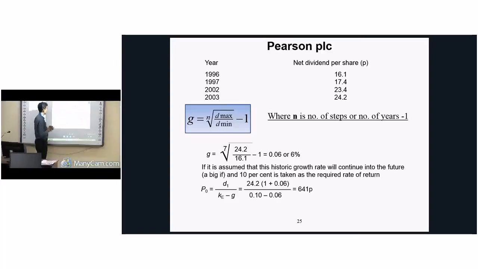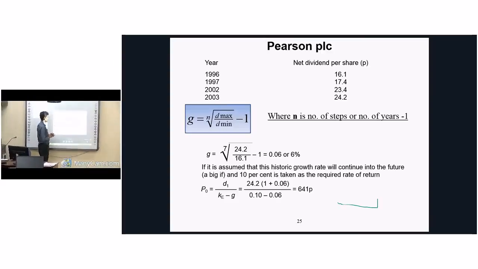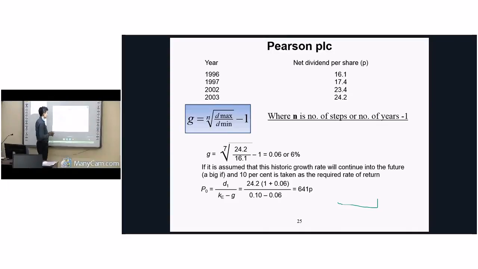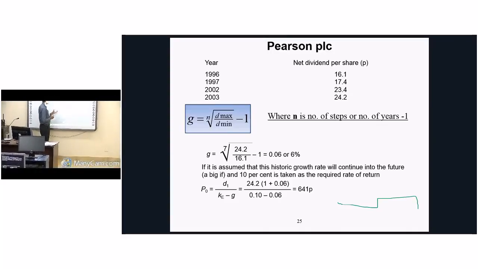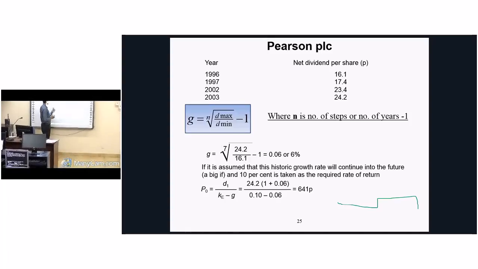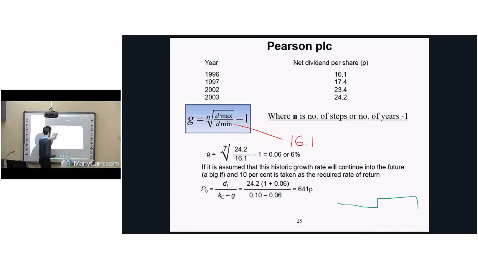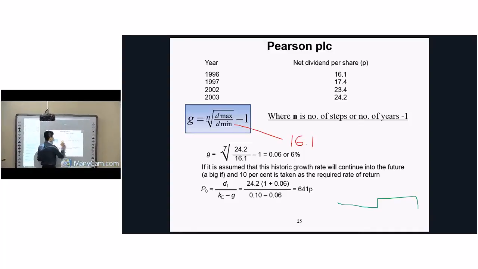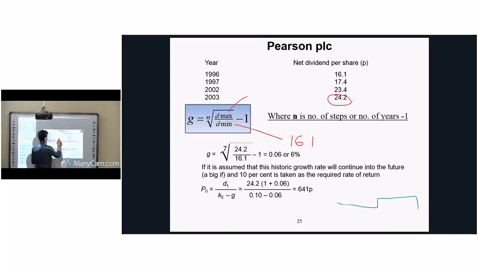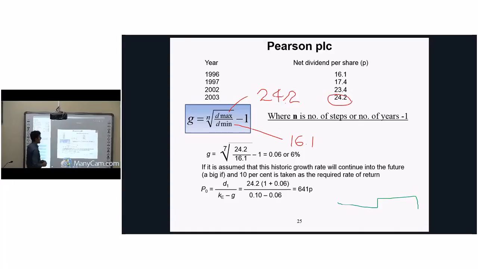If I apply this situation to this formula, let's see whether you can arrive at the answer. The lowest dividend paid is 16.1, and the maximum dividend is 24.2. And the number of steps here is 7.